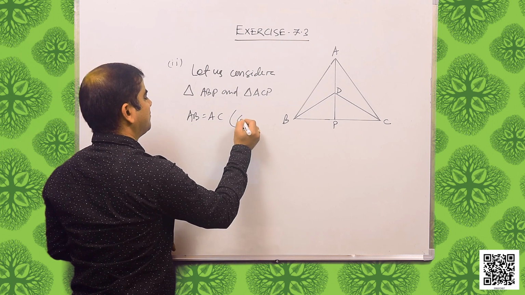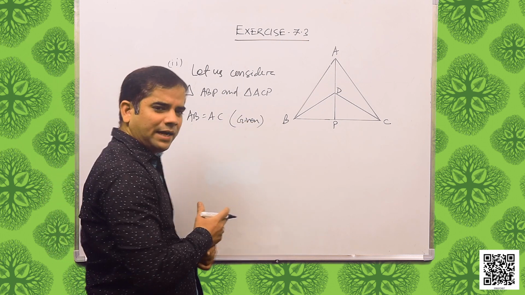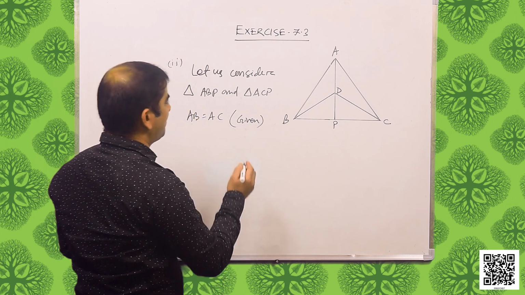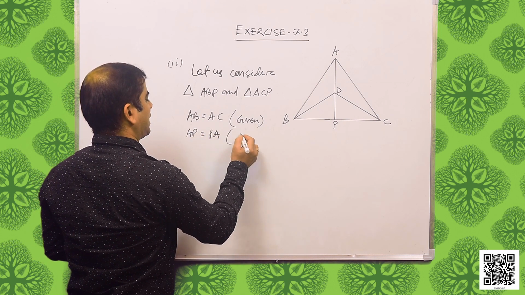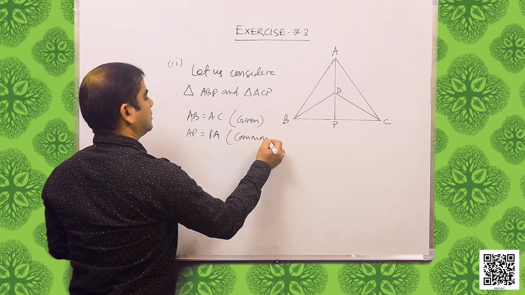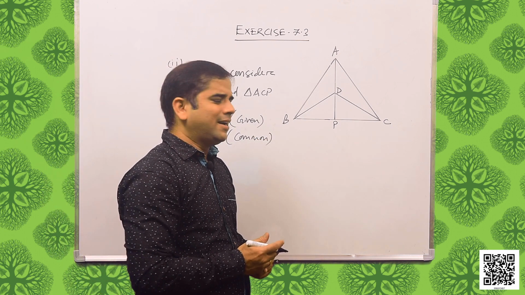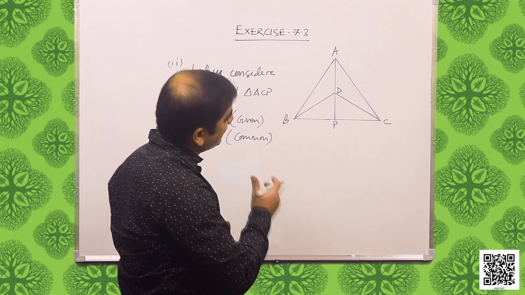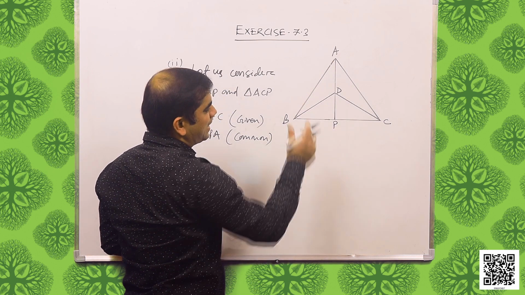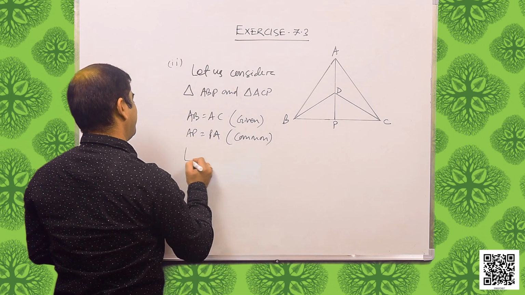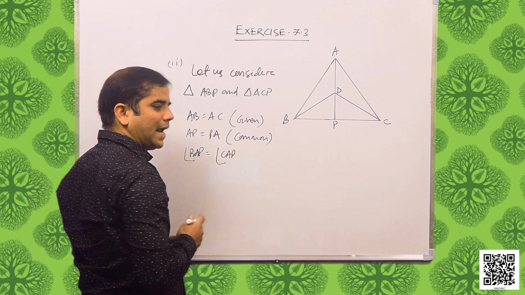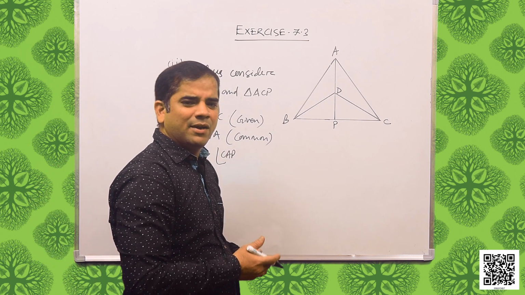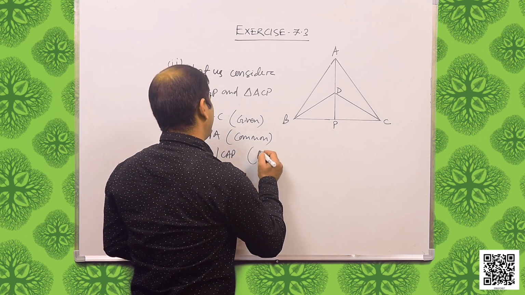It is given. Then AP is equal to PA. Those are common sides. And angle BAP is equal to angle CAP. Why? It is already proved.